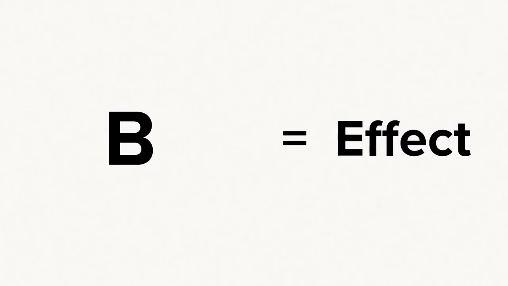A simple way to form a hypothesis is to think of it as having 2 parts. A, which is the action to be tested, and B, the effect of that action. So you can think of it as A is a specific idea we expect to cause B to happen.